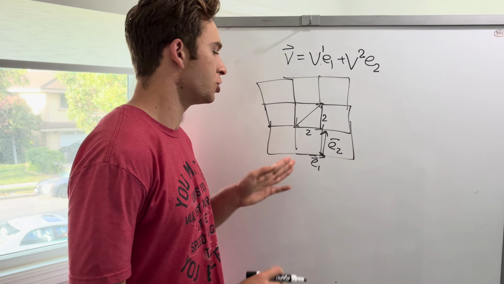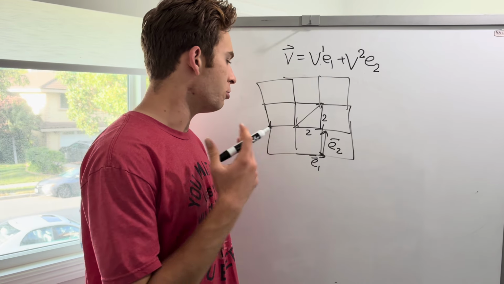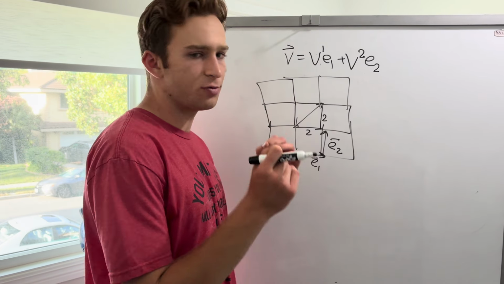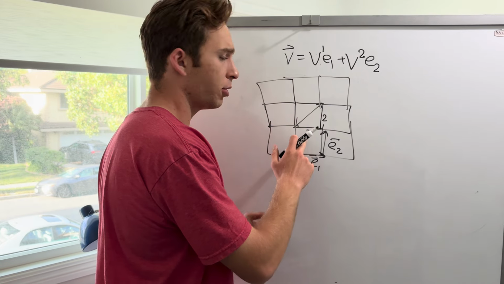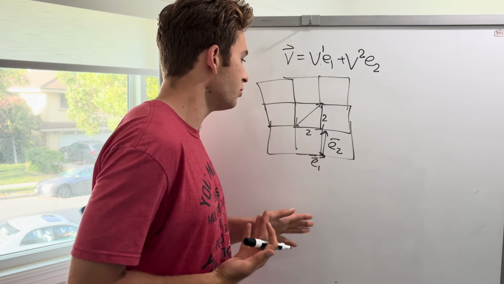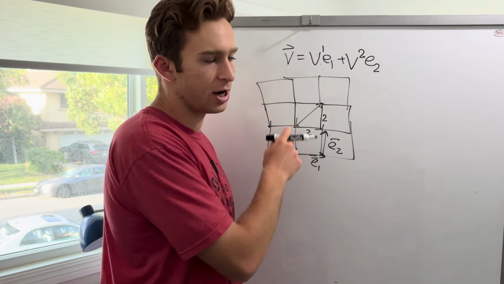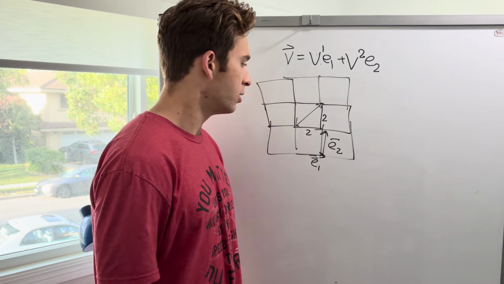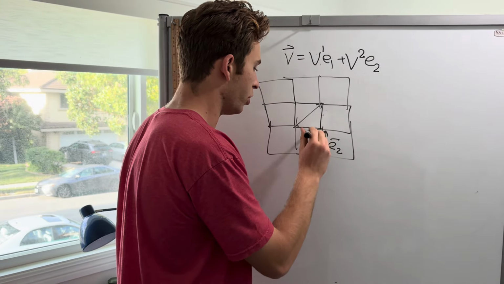What's happened is originally we had our vector that was 2, 2 in our original basis. But since we've made the coordinate grid bigger, the actual components of the vector get smaller in the new reference frame. In this new frame, since the unit square has an area of 4, or 2 times 2, this is actually now the vector 1, 1.